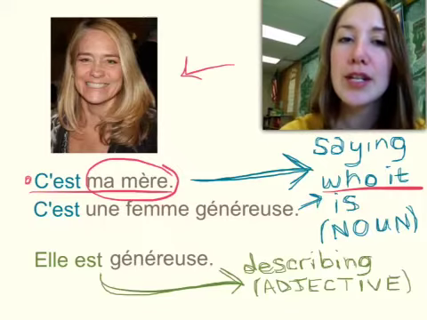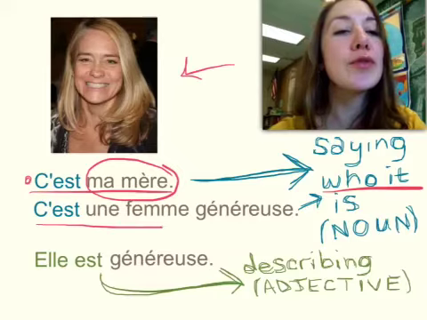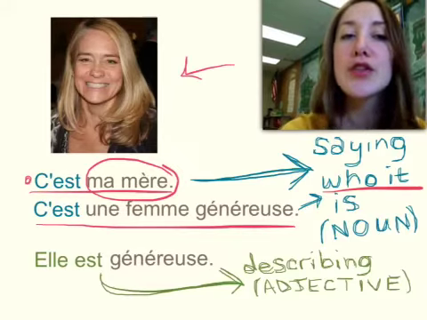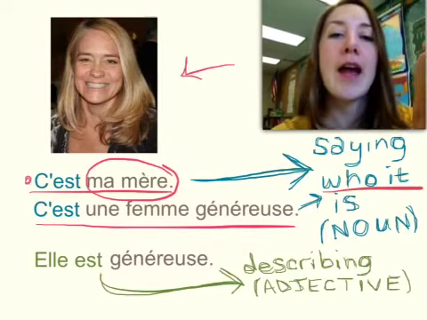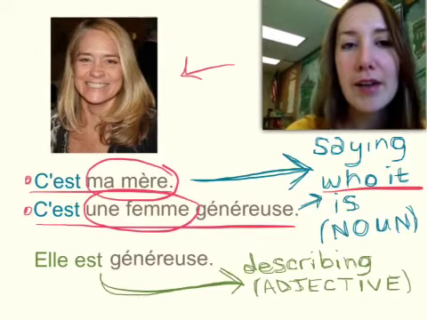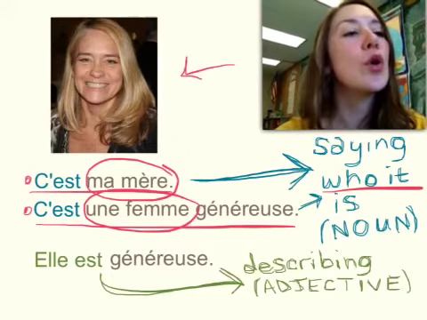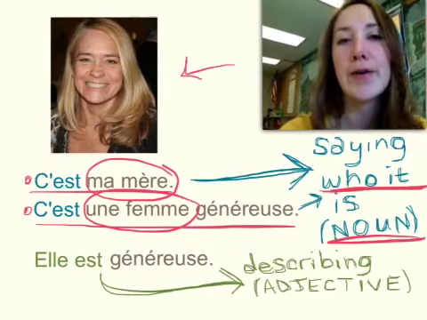I'm telling you who she is. I could give you more information and say, c'est une femme généreuse. She's a generous woman. And I'm using c'est because I'm using a noun. C'est une femme généreuse. I'm telling you who it is by using a noun.